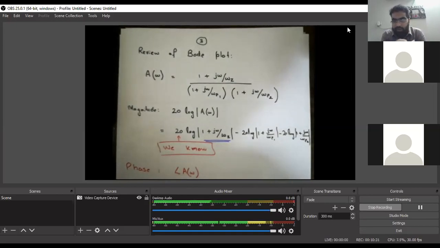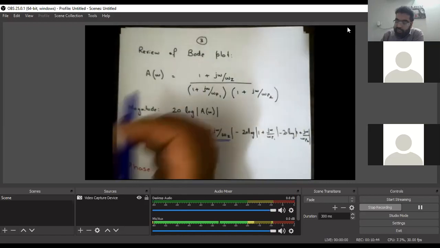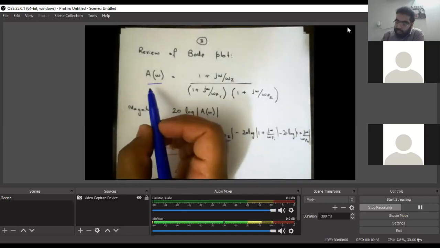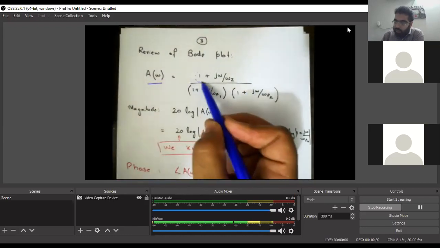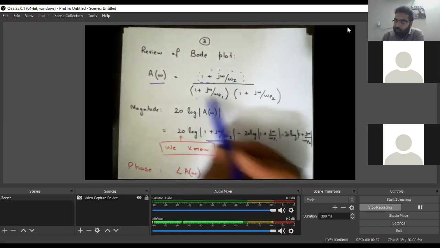Okay. So we'll start from the Bode plot. We'll just make the pace a little lower. So in the Bode plot, we have a function A of omega. In the A of omega, we have one zero in the numerator and we have two poles.